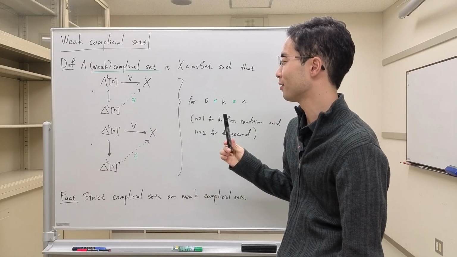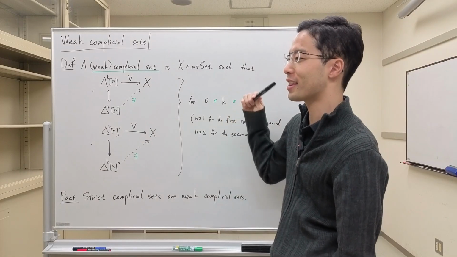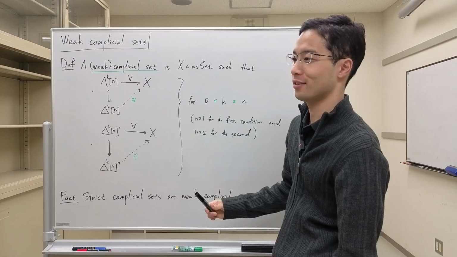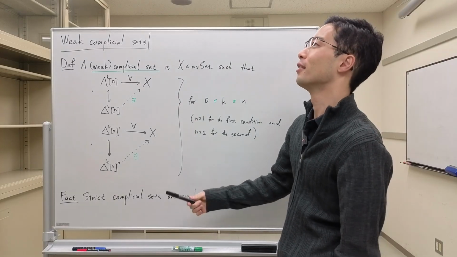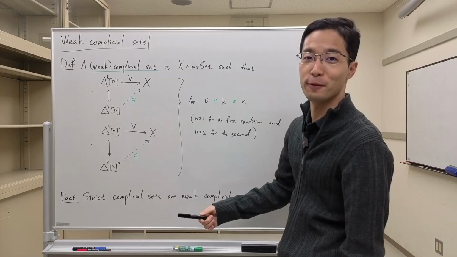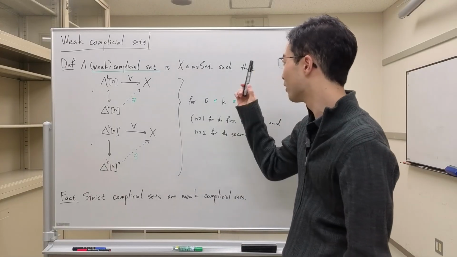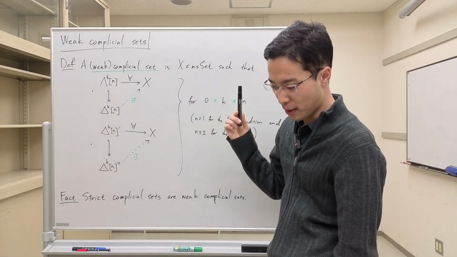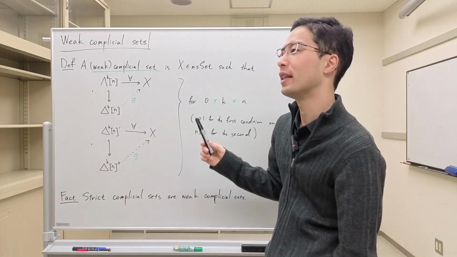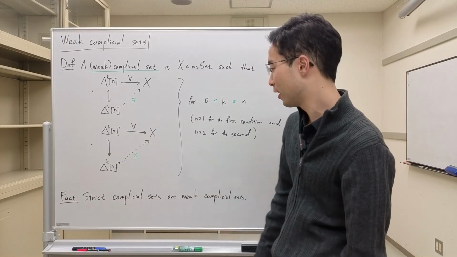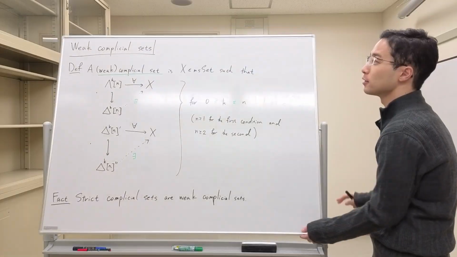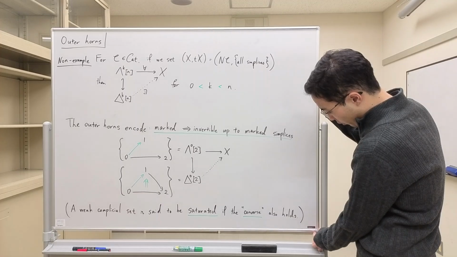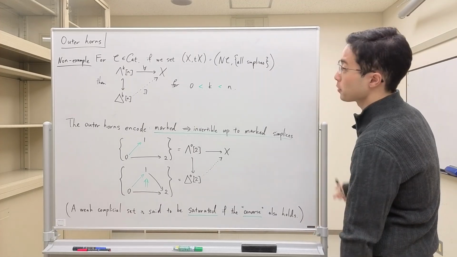But just our thinking that way doesn't automatically justify that thinking. So somehow we want to make sure that these marked simplices behave like some kind of equivalences. And these outer horns encode that bit of the definition.